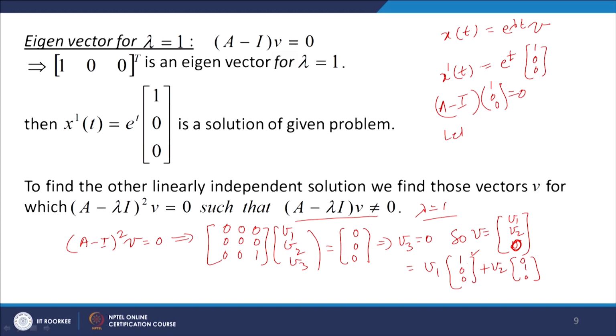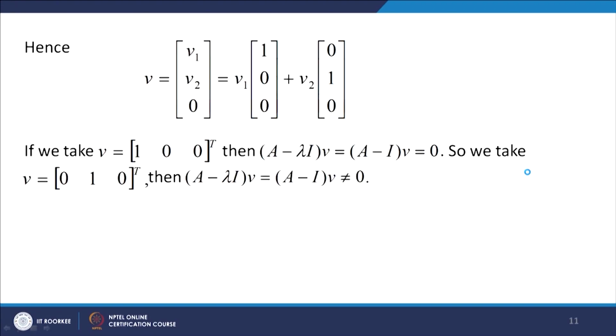So, let us take the solution of (A minus lambda I) whole square b equal to 0 such that (A minus lambda I) b is not equal to 0 as (0, 1, 0). Okay. b is a linear combination of these two vectors, and if we take this (1, 0, 0) transpose, then (A minus lambda I) b equal to 0.